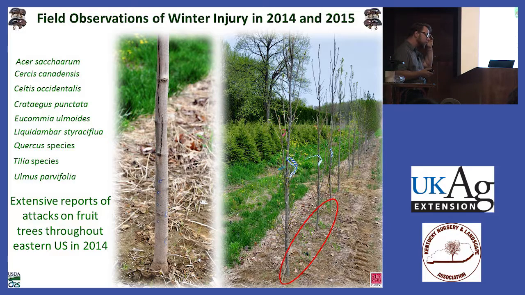And I should also point out that in 2014, following this extreme winter injury, there were a large number of reports from the tree fruit industry in New York and Virginia and Maryland, and perhaps Kentucky, of Ambrosia beetle attacks. And they were considering it to be a new pest.